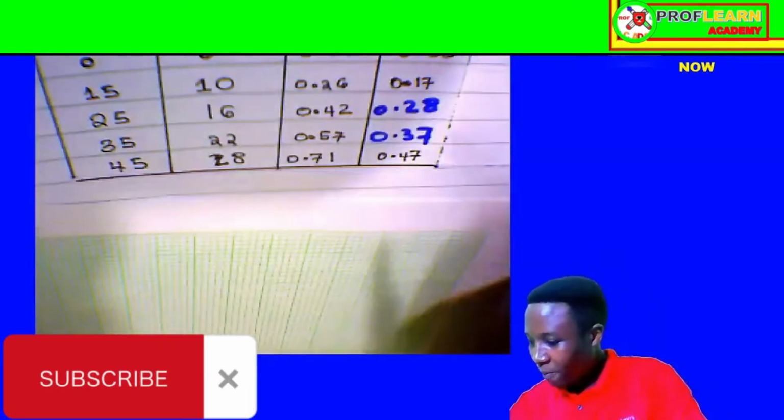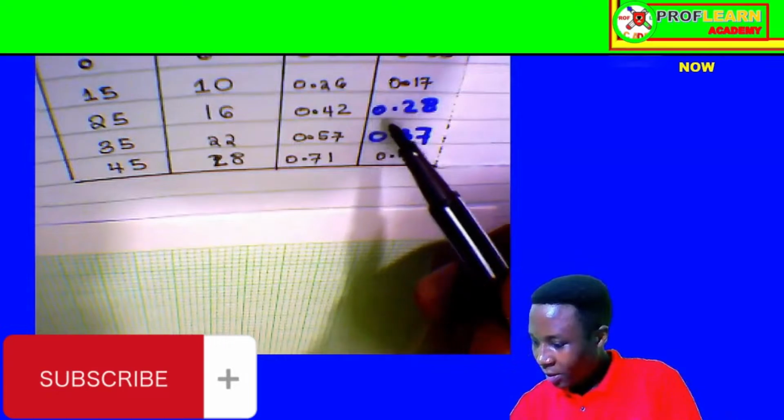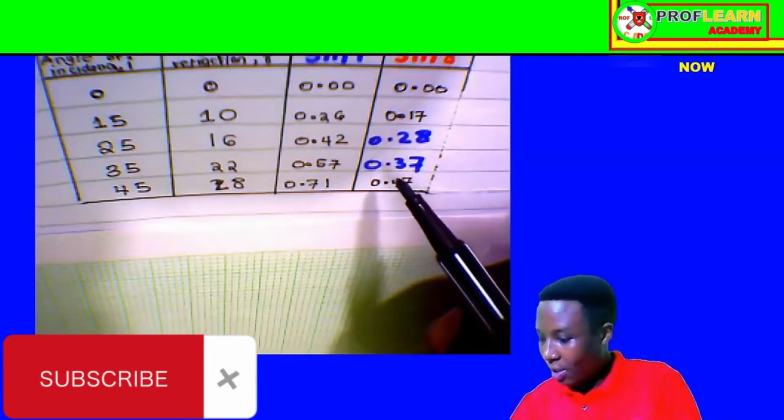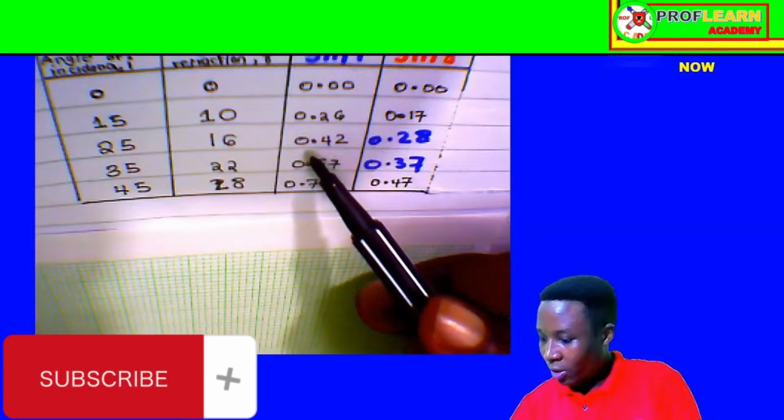So we have this. The next point is 0.28 on the sine r axis. We move to 0.42. 0.28 is here. We need to move up to where we have 0.42. That point is there.